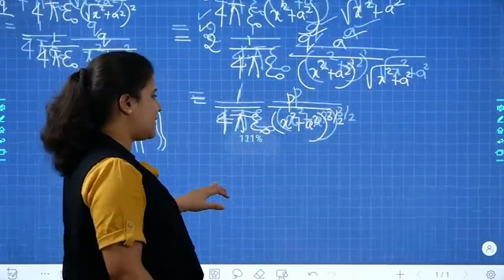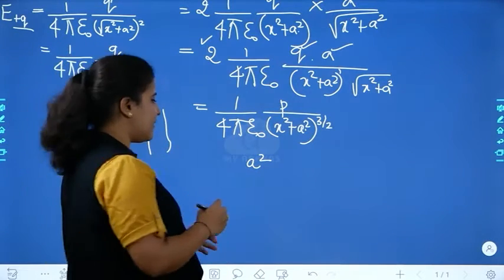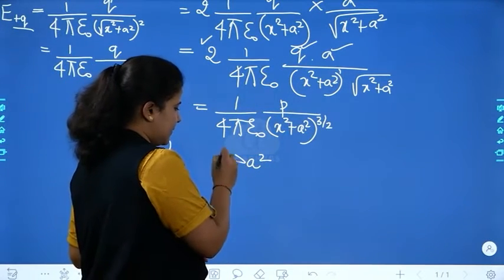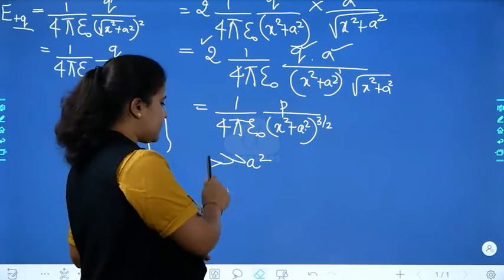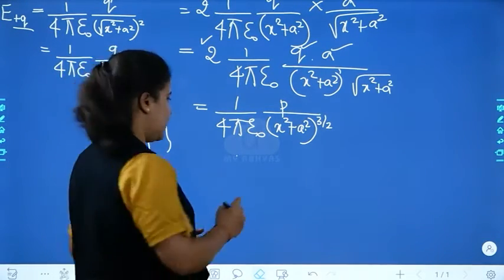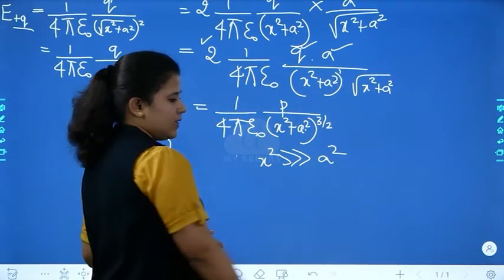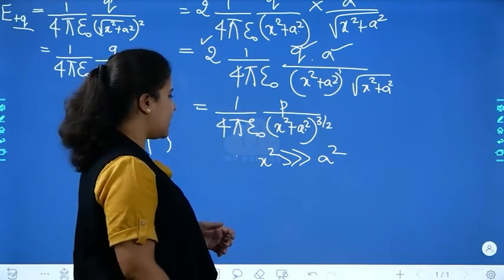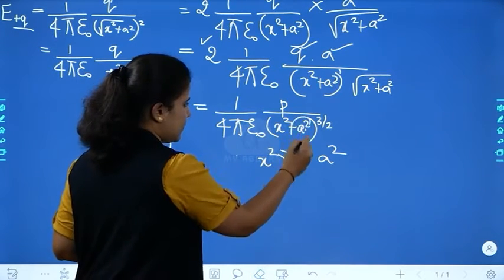Now if I take a square very less than x square, or neglecting a square you can say. That is, if x square is greater than a square, then this will be neglected.